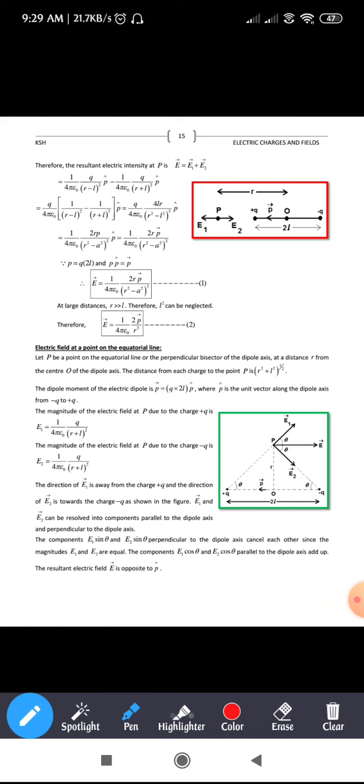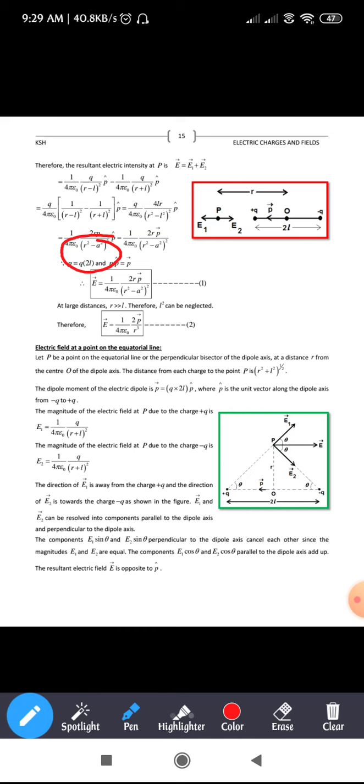Yes, and one more thing here, in the case of the denominator there is a small mistake. Instead of l, it has been given a square there. Just make a small correction there. It should be l square here in this step. You can see in the previous step it is r square minus l square whole square, right? The same thing should be there.